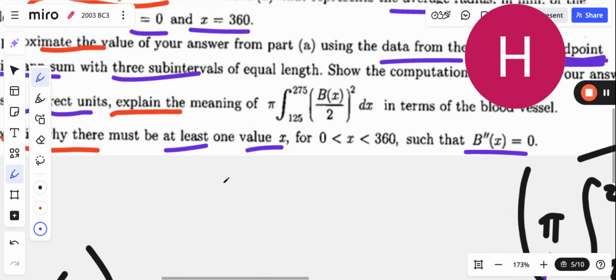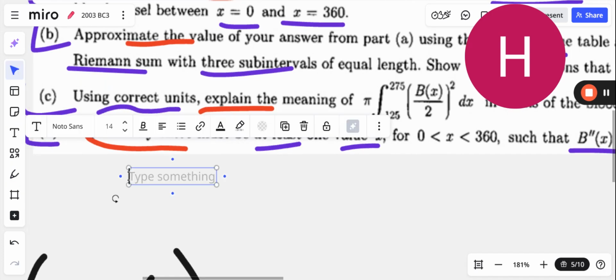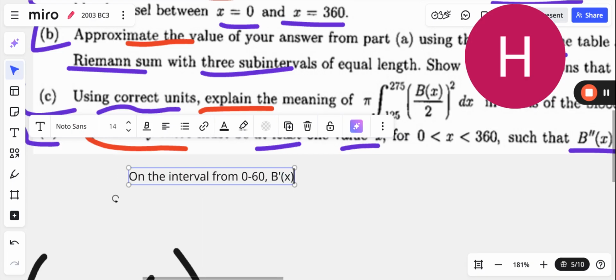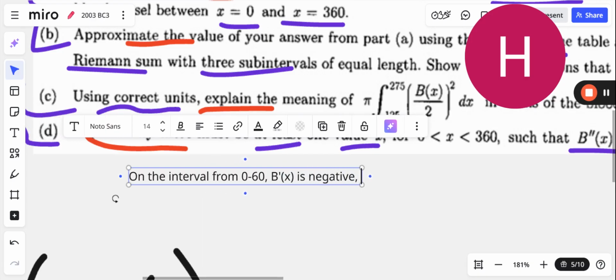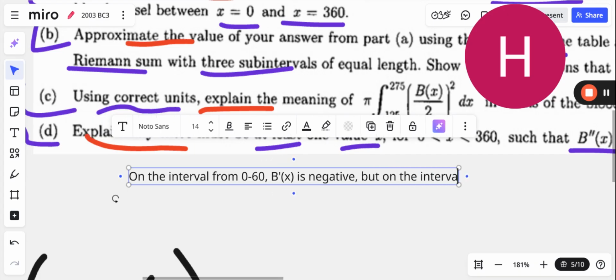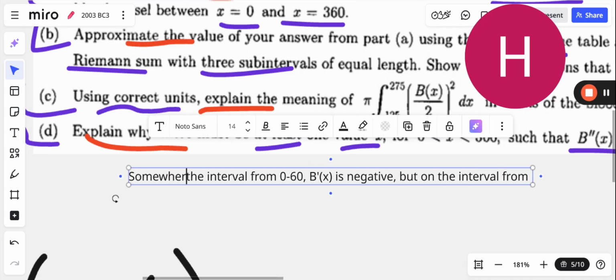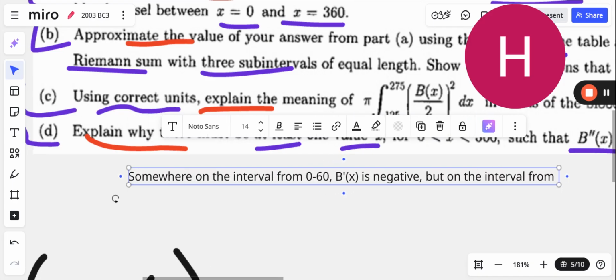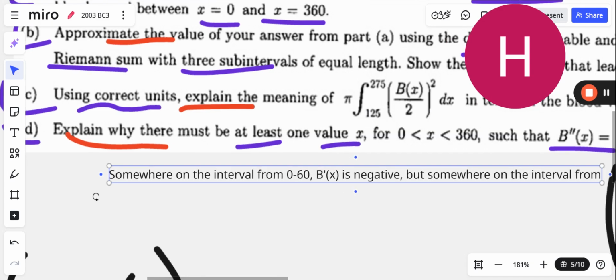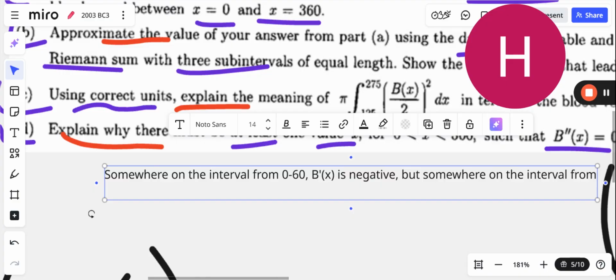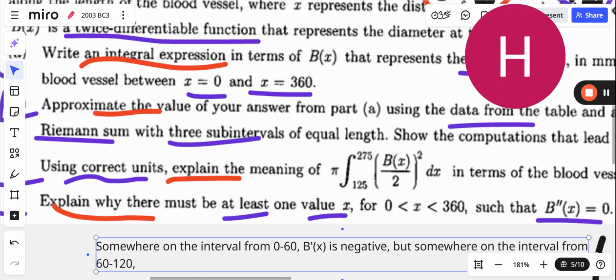We can make the statement, I'll just type it. On the interval from 0 to 60, B prime is negative, but somewhere on the interval, just to be very careful, somewhere on the interval from 60 to 120, is that right?